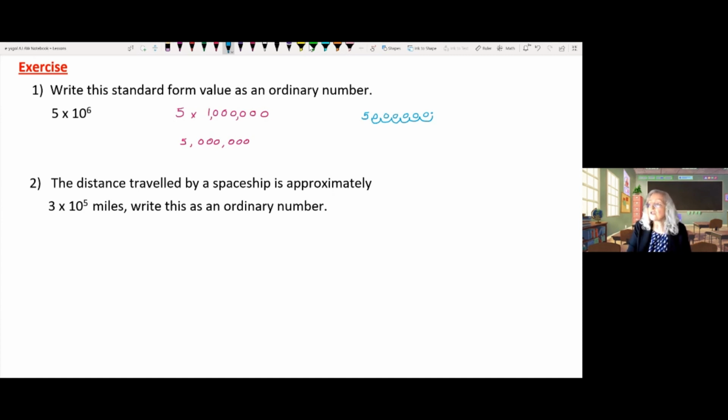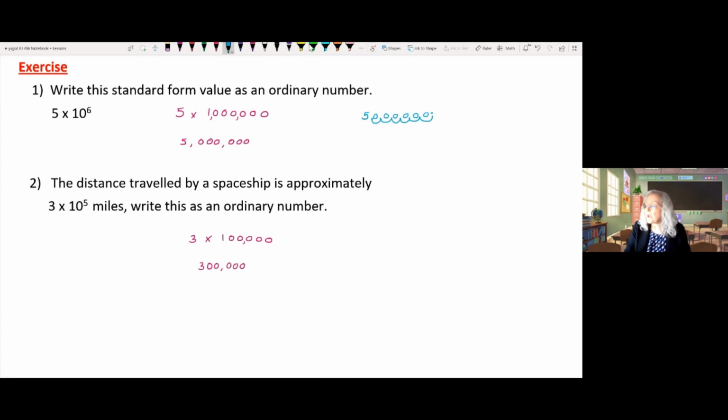For the next one, the distance travelled by a spaceship is approximately 3 multiplied by 10 to the power of 5 miles. Right, this is an ordinary number. So that's going to be 3 multiplied by 1, 2, 3, 4, 5 zeros here. So that is 100,000, and my answer is going to be 300,000.